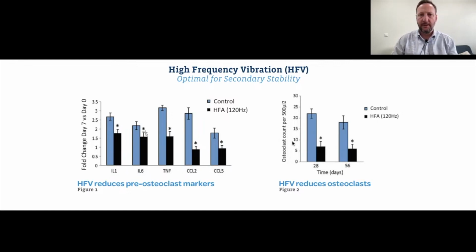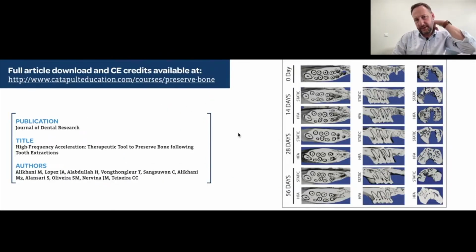For example, we have an osteoclast count and a control group. In terms of days, to achieve the minimum amount here, it was 1 month. We could have this amount in much fewer days with the high frequency vibration. So we can get to the moment that we can place load over the implant much faster, okay.